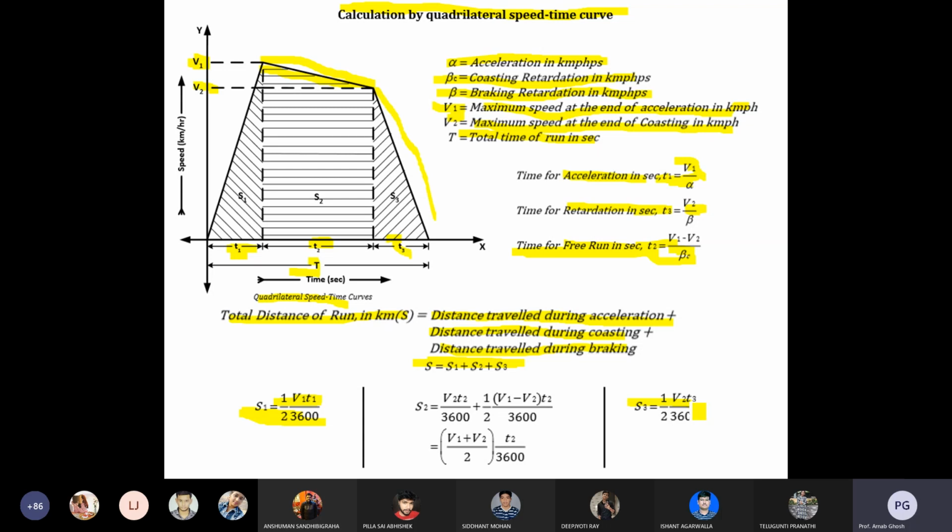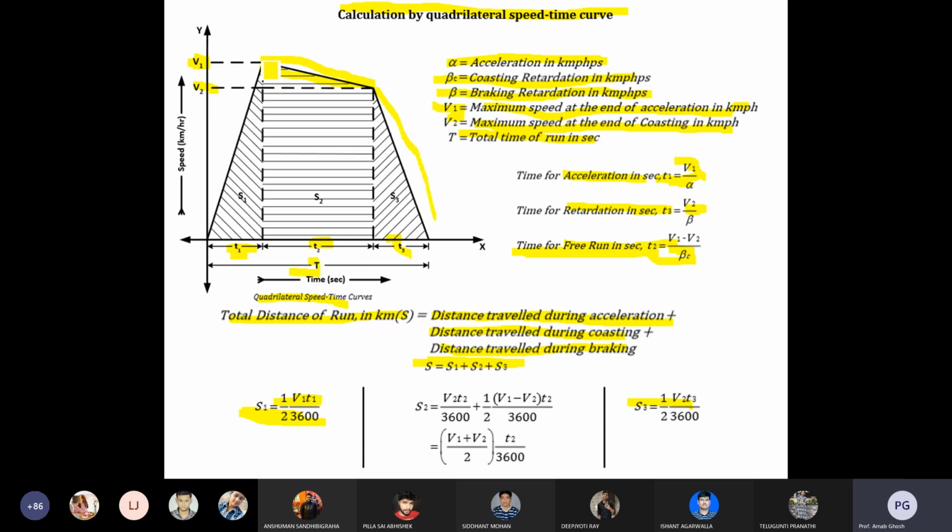For the second case, the coasting period, what is the travel distance? You know that S equals UT plus half AT square. Here the initial value gives V2 T2 divided by 3600.